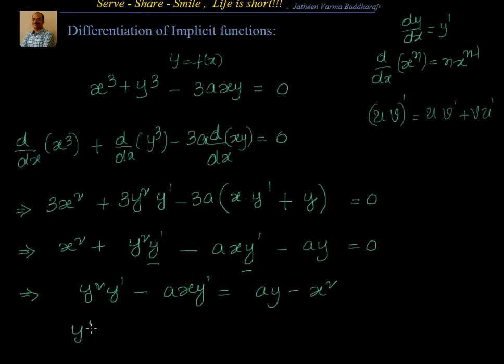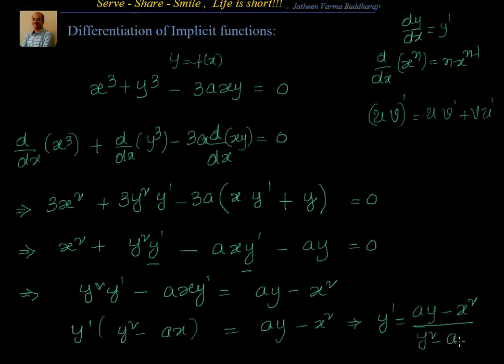Or can I take y dash common and write it as y square minus ax is equal to ay minus x square, or y dash or dy by dx is equal to ay minus x square divided by y square minus ax.